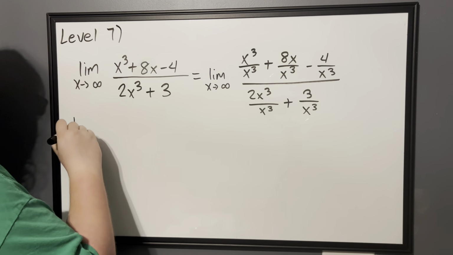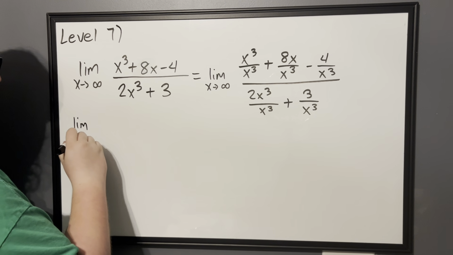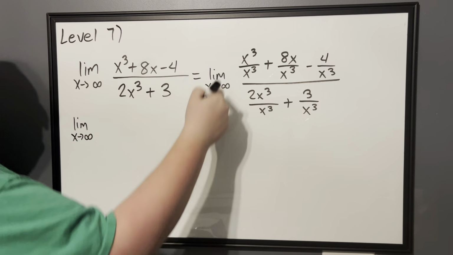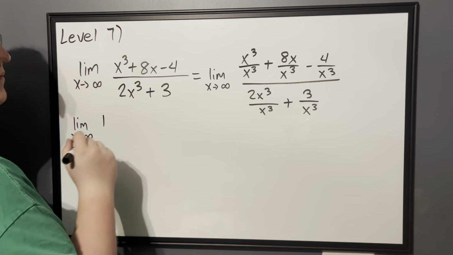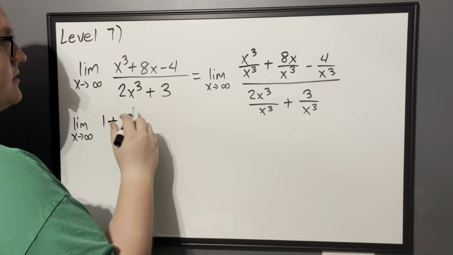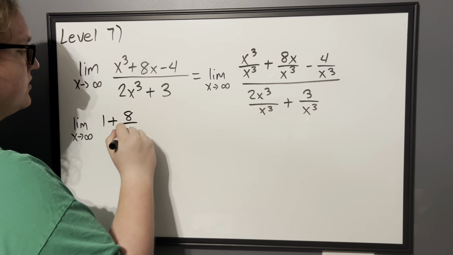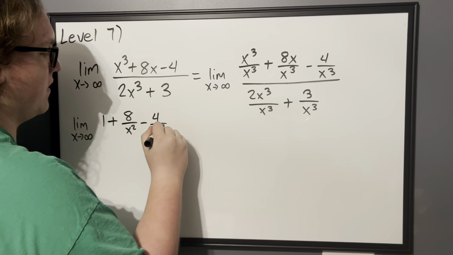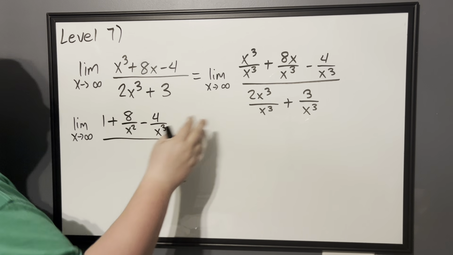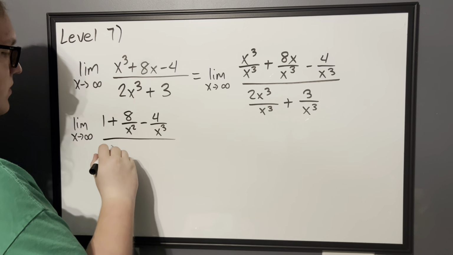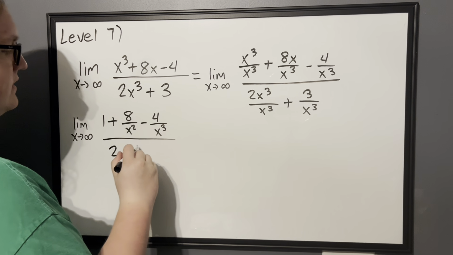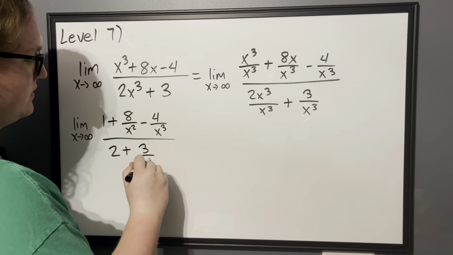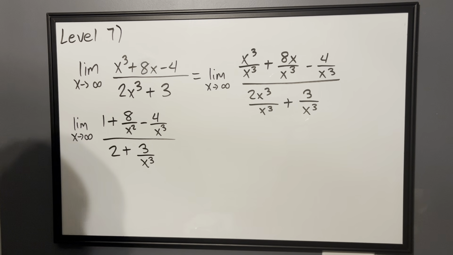So we have the limit as x goes to infinity. X cubed over x cubed is going to be a 1. 8x over x cubed is going to be an 8 over x squared. The 4 over x cubed will stay the same, so minus 4 over x cubed. Over this, the x cubes will cancel, so we'll get a 2. Plus, the 3 over x cubed will also stay the same.